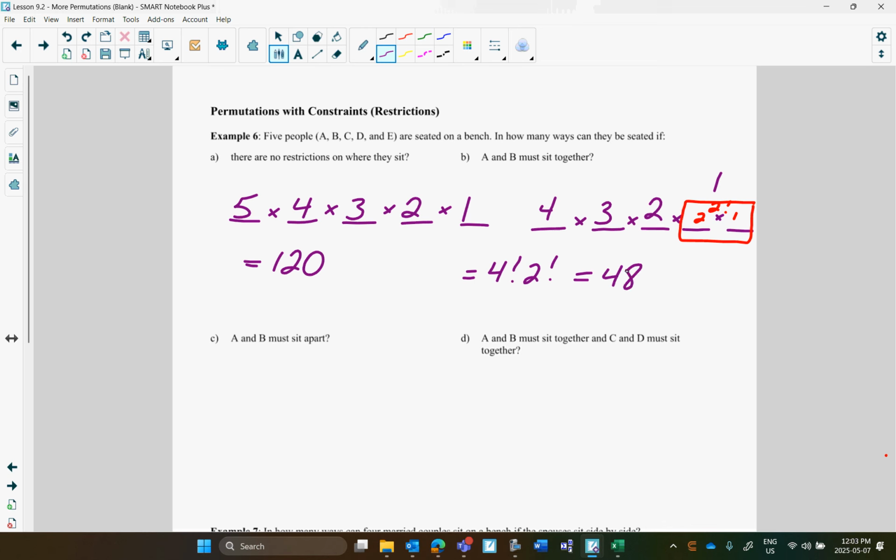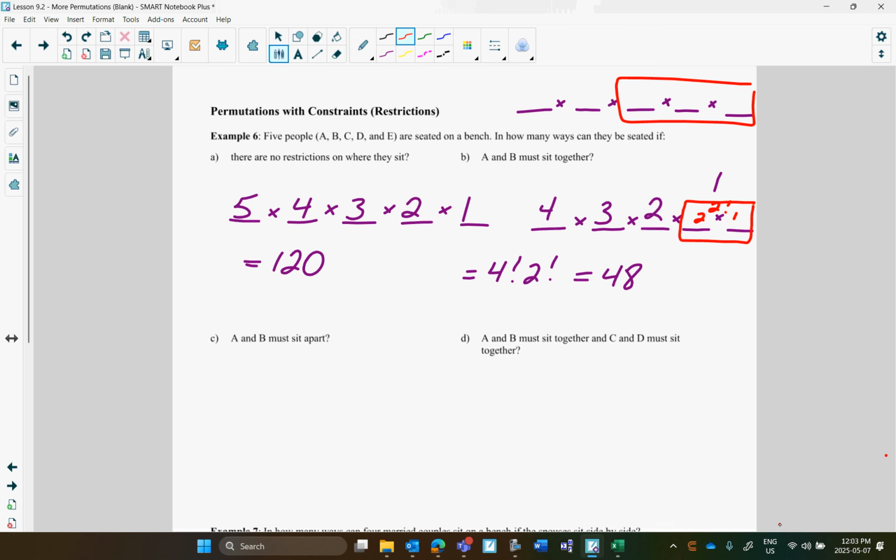If 3 of them had to sit together, let's say, I'll just do that as an example, now you've got to block off a group of 3, which means there's only 3 positions, right? So there's 3 possibilities there.